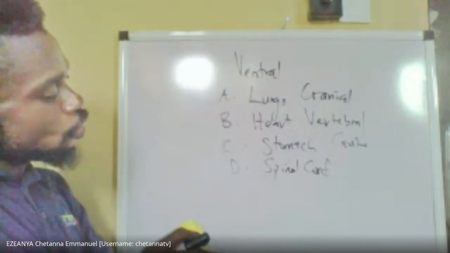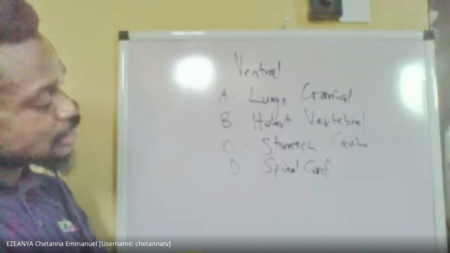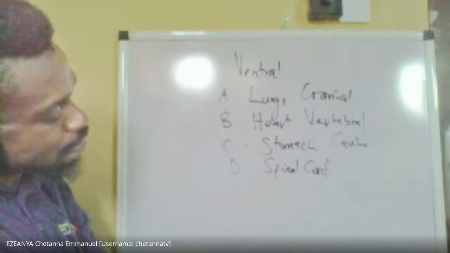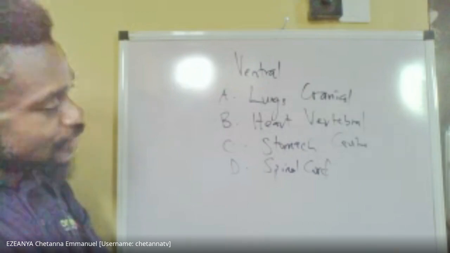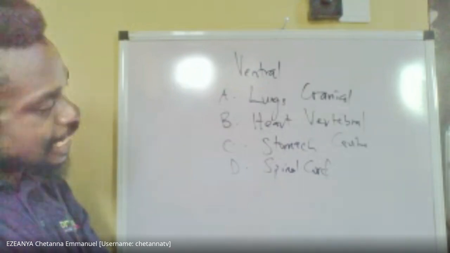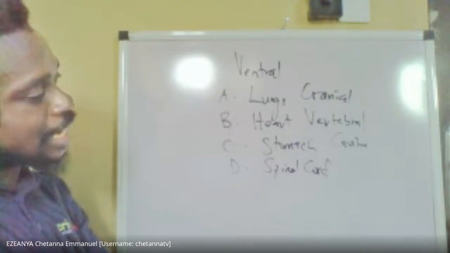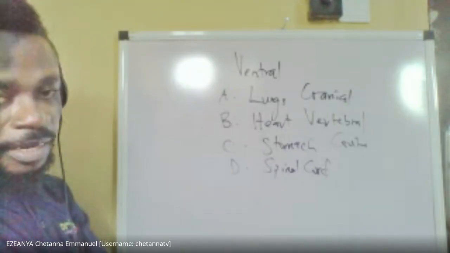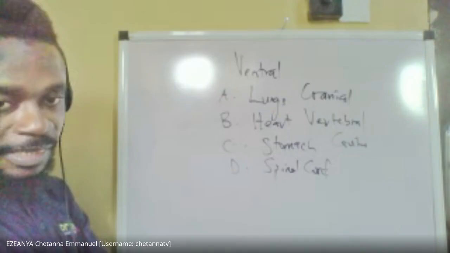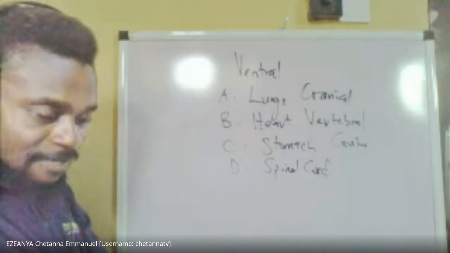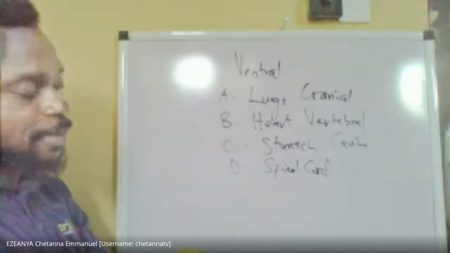So which cavity? Where do we find lungs? Go down into the ventral. Be specific. In the ventral, we have the thoracic cavity, the abdominal cavity, and the pelvic cavity. So where do we find the lungs? Abdominal cavity.